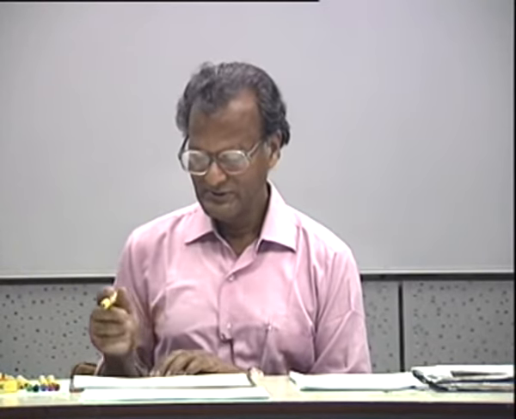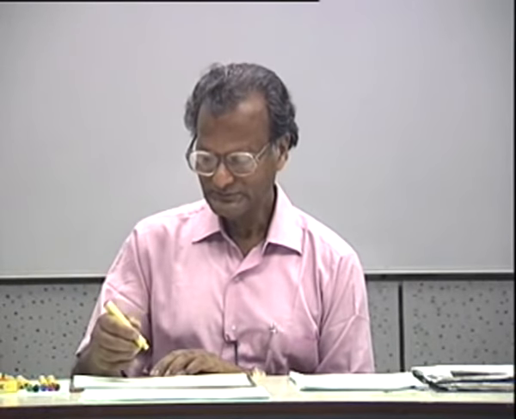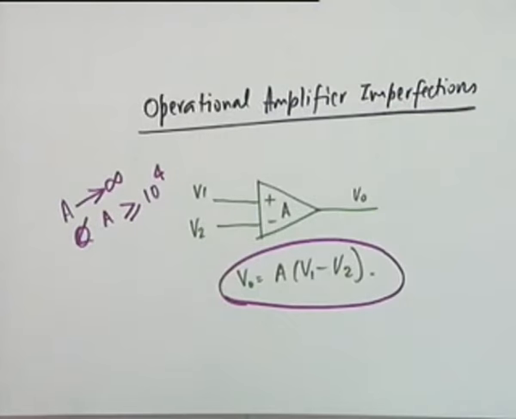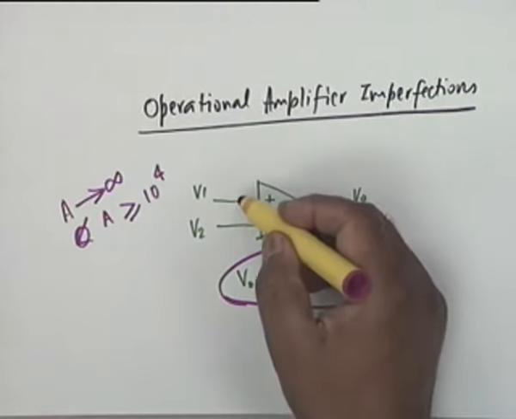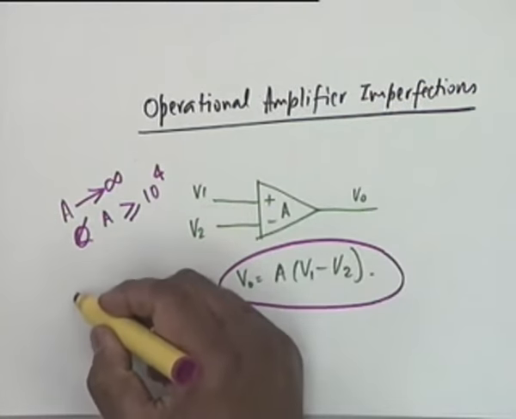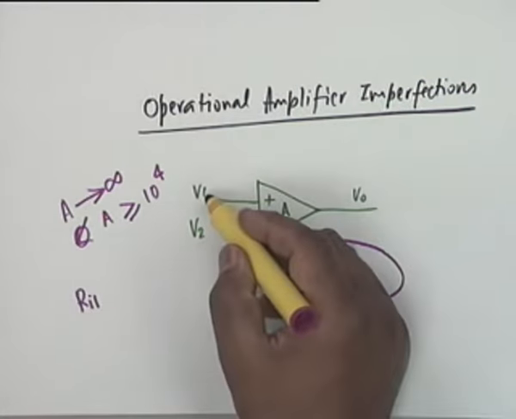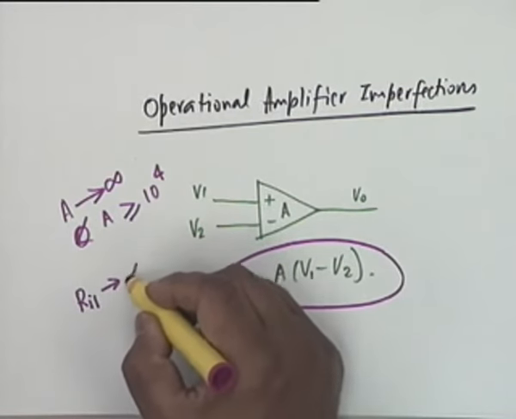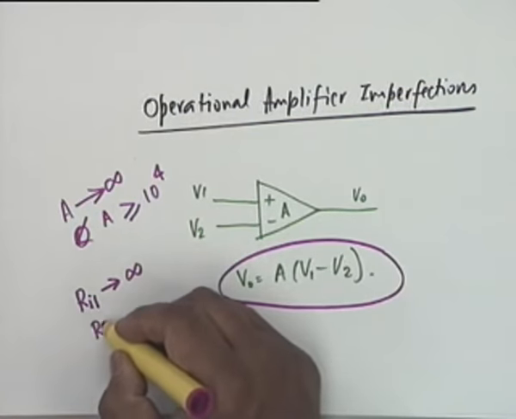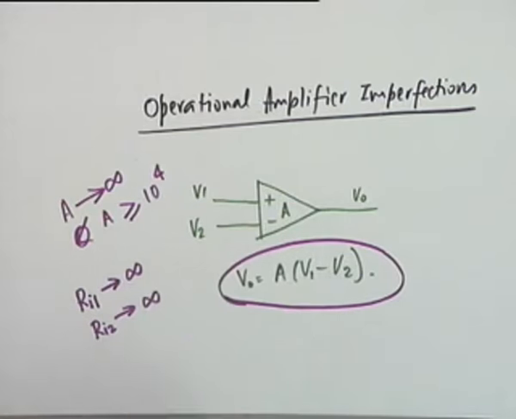Number 2, we assume that the op-amp does not take any current. That is, the input impedance Ri1 at V1, we assume this to be infinity. We also assume that Ri2 tends to infinity. But we know that the input stage of an op-amp is a differential amplifier.